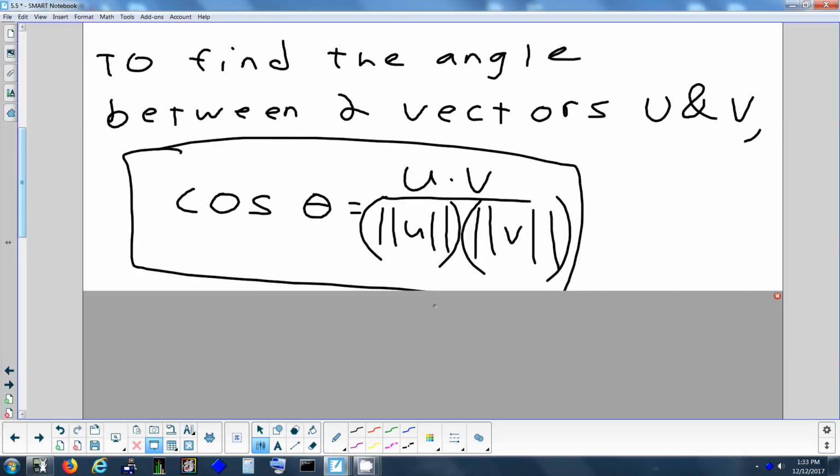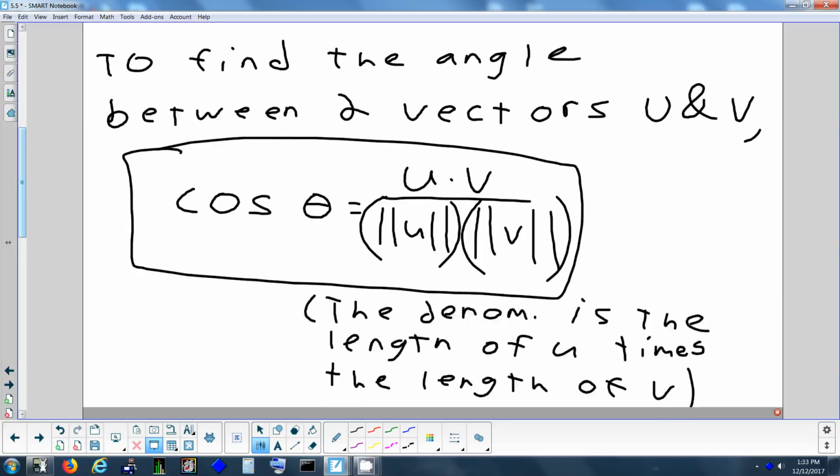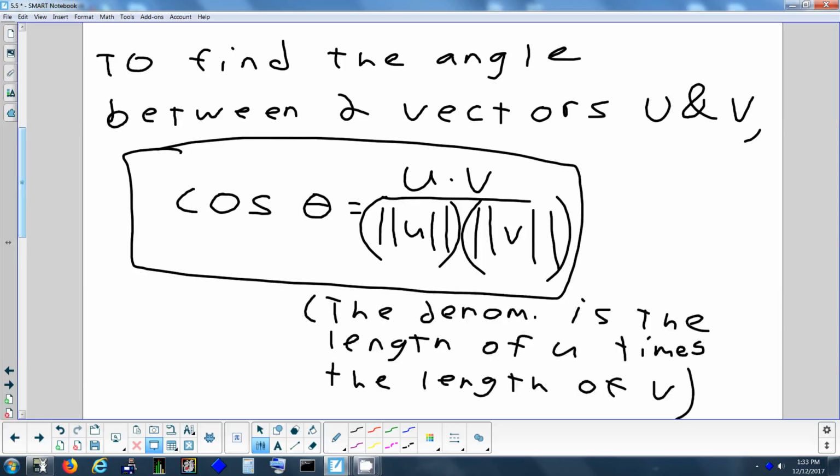So there are 3 things you have to find: the dot product, the length of the first vector, and the length of the second vector. If you can find those 3 things, plug them into this formula, and you can find the angle. That's a lot faster than using the law of cosines and the distance formula 3 times. So the denominator is the length of u times the length of v, but you should already know what those symbols mean.